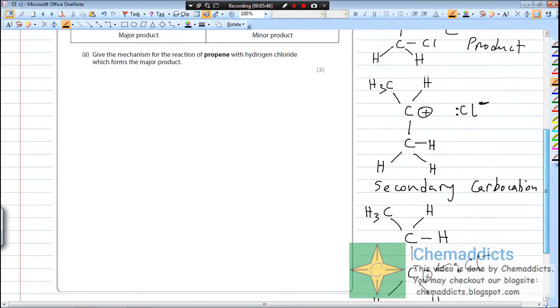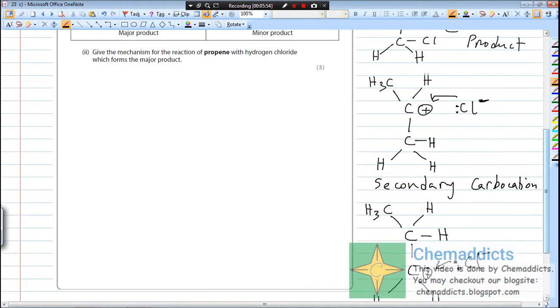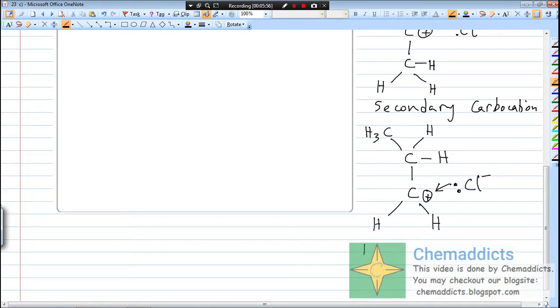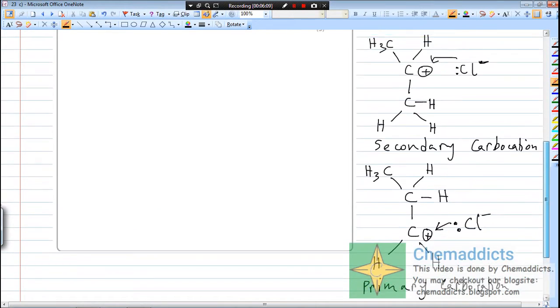So in here, this is a secondary carbocation and this is a primary carbocation. Okay, so let us see why.